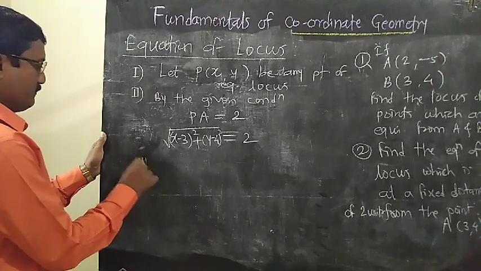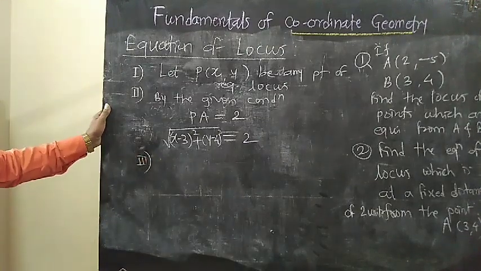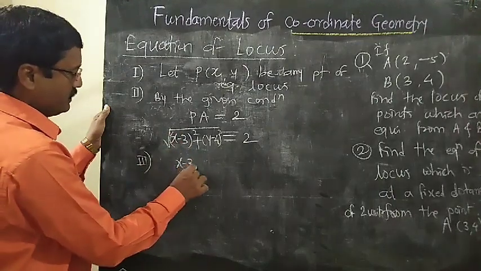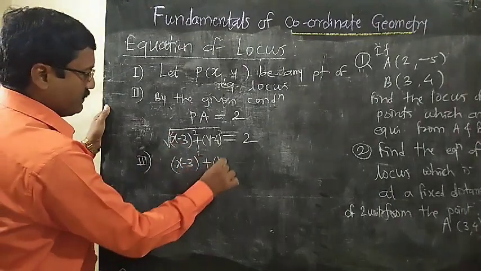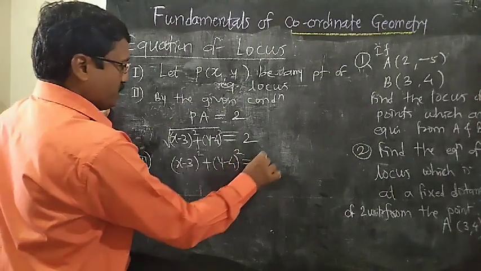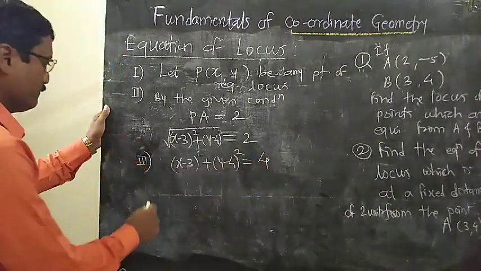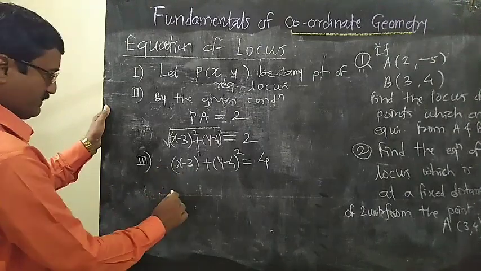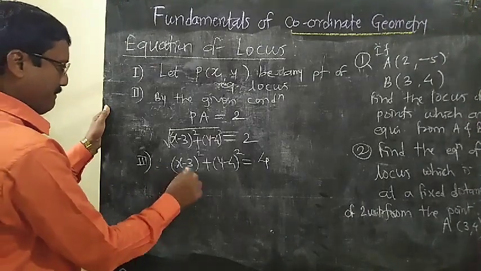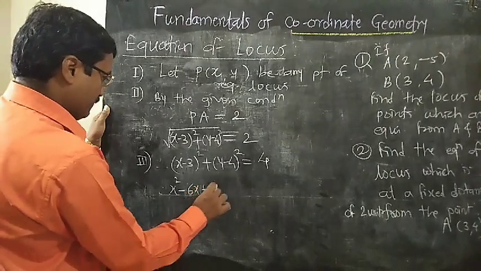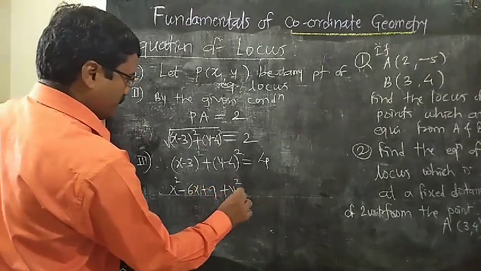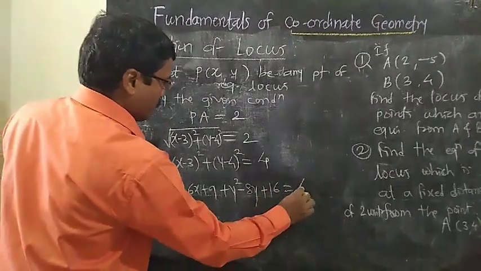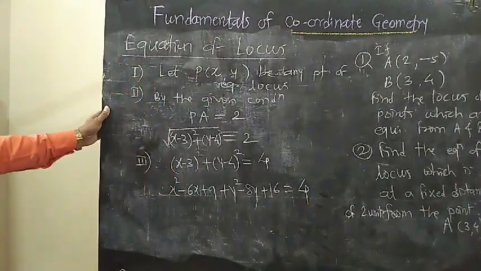So in the first step, what to do? Simplify this. For simplification, we will take squares of both sides. We get x minus 3 bracket square plus y minus 4 bracket square is equal to 4. That is, therefore, x square minus 6x plus 9 plus y square minus 8y plus 16 equal to 4.